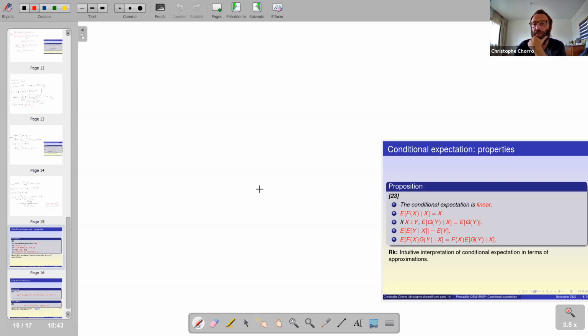The conditional expectation first is linear. That is, if you want to compute the conditional expectation of lambda 1 y1 plus lambda 2 y2 given x, the conditional expectation of a linear combination will just be the linear combination of the conditional expectations.